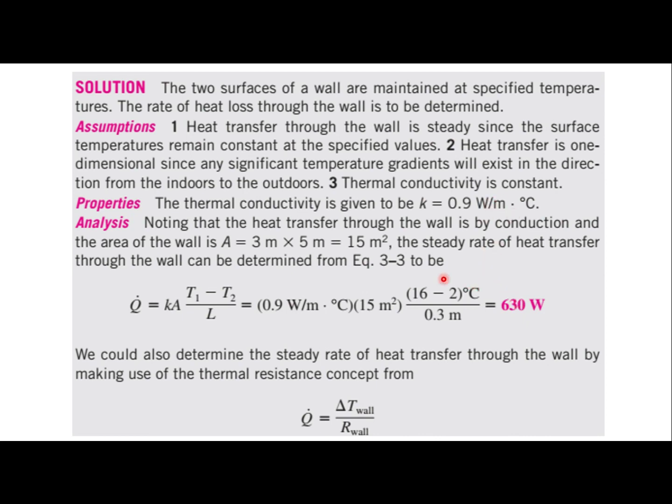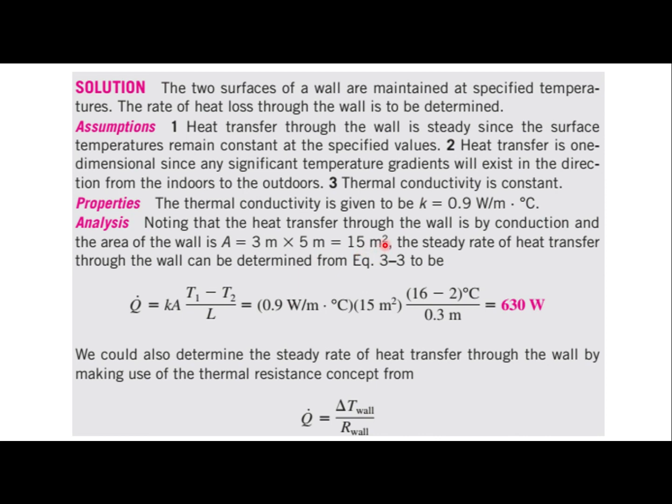Next we do the analysis of the question statement given in the previous slide, and we can easily calculate the surface area perpendicular to the direction of the heat transfer. We just multiply 3 meter by 5 meter and we get 15 meter square.